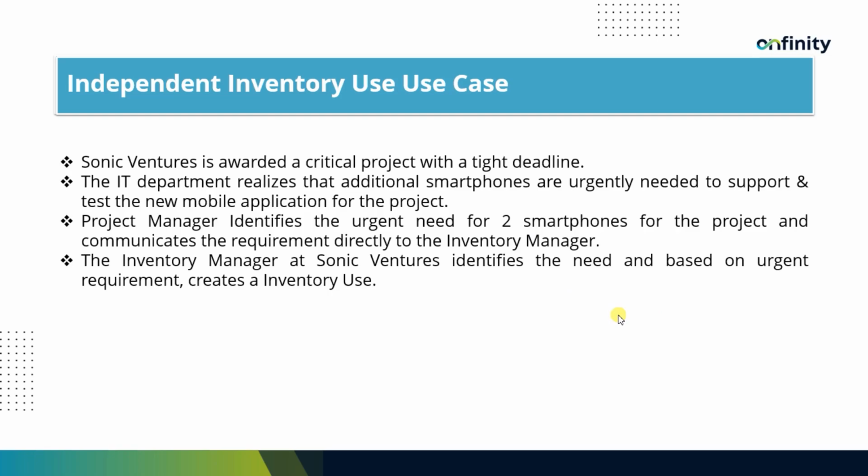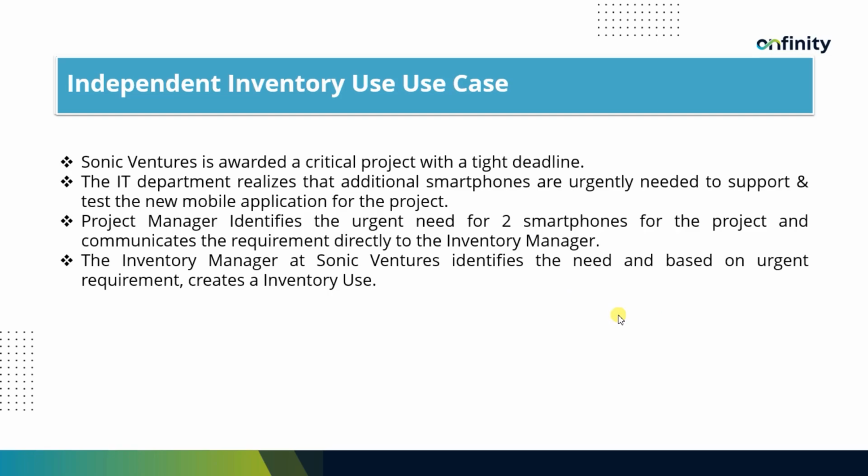To illustrate inventory use further, let's consider a real-world use case to get a better understanding and to see how inventory use actually works step by step. Sonic Ventures is awarded a critical project with a tight deadline. The IT department realizes that additional smartphones are urgently needed to support and test the new mobile application for the project.